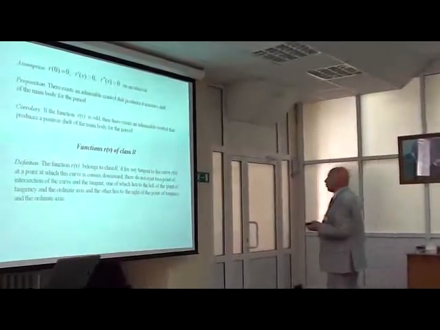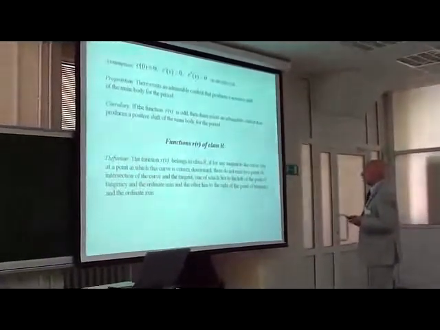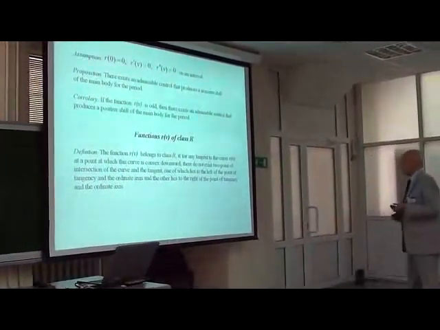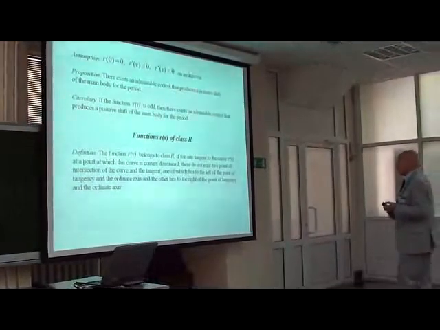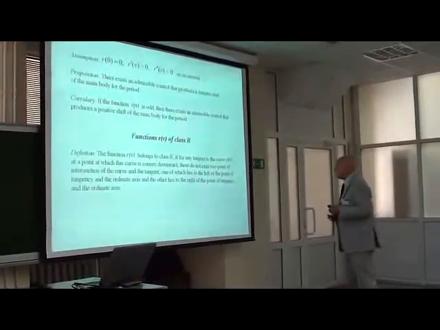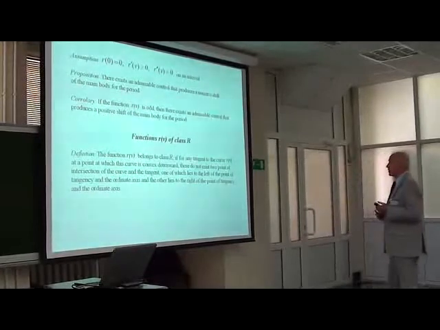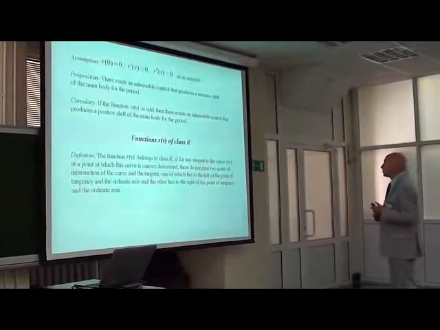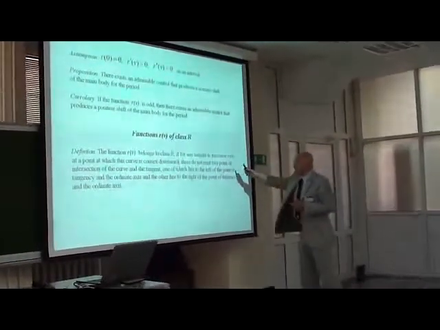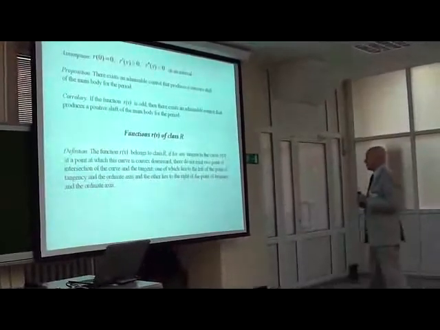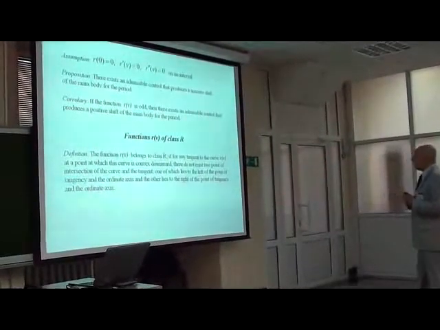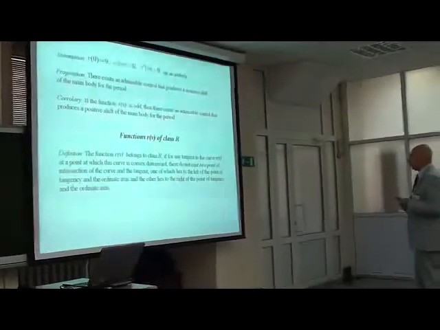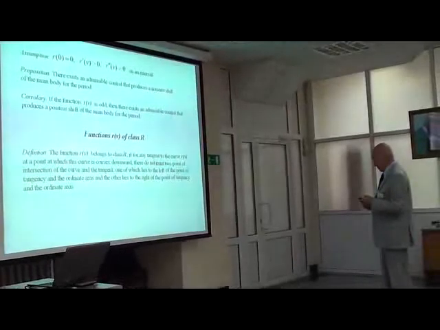Now, what class of function R of V? This is a rather complicated definition, but it is written here. The function belongs to class R if for any tangent to the curve R of V at a point at which this curve is convex downward, there do not exist two points of intersection of the curve and the tangent, one of which lies to the left of the point of tangency and the ordinate axis, and the other lies to the right of the point of tangency and ordinate axis.